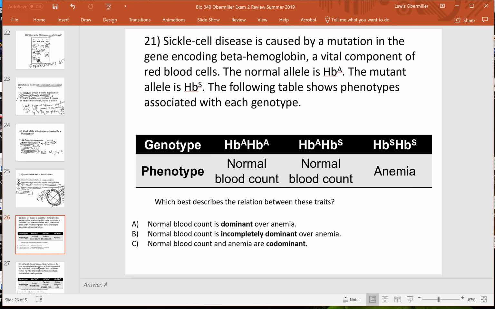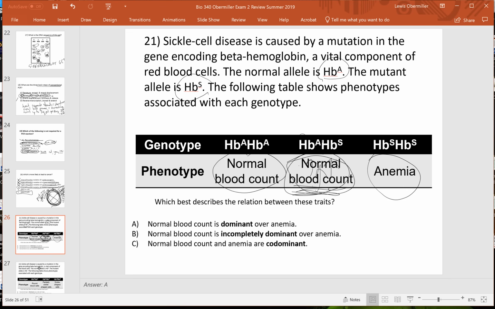All right, sickle cell is caused by mutation of the gene encoding beta-hemoglobin. Normal allele is this, mutant allele is that. Okay. So there was a slide actually on this. This is completely dominant over that, and so this is what we call haplosufficient, right?